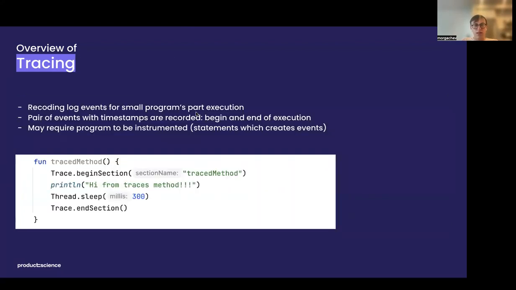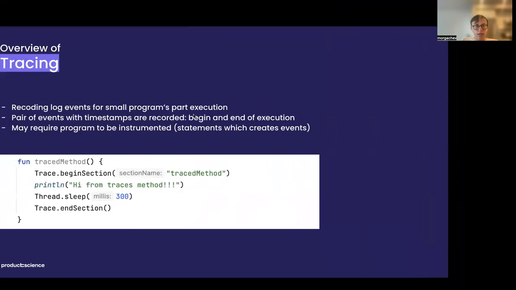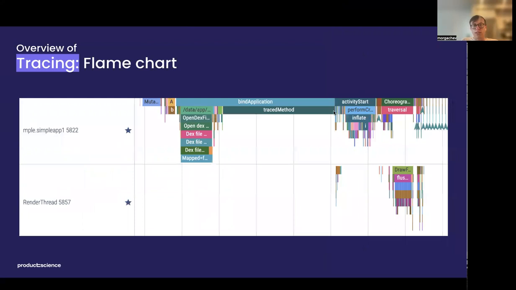For example, it's a small Android app, and we added a traced method in this method call inside, and it provides us with such a slice, traced method. I will show you this in the application on the next step.